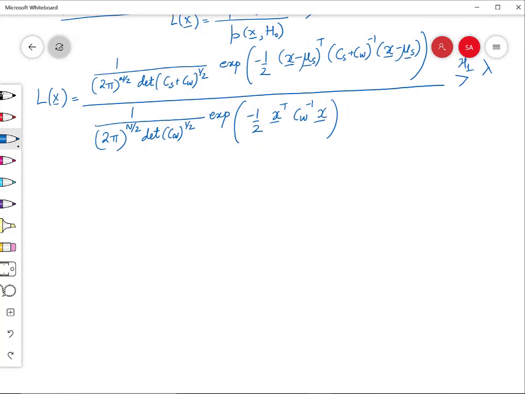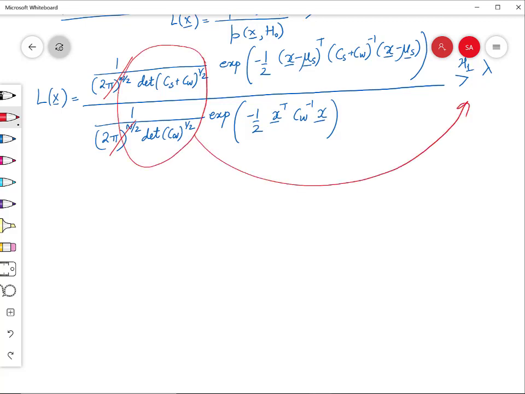Now let's solve this. What I can do is these two will cancel out each other. I can take this particular quantity to the other side, and I can take the log. So this particular quantity goes to the numerator. I'm directly writing it.